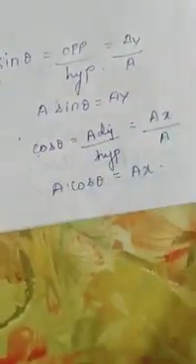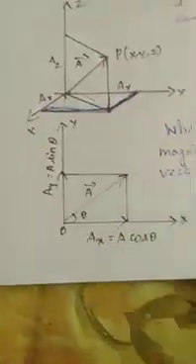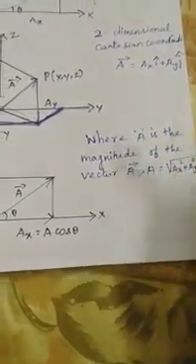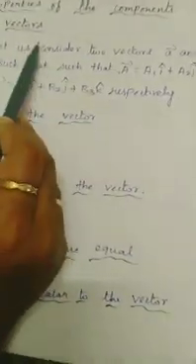So a cos theta is equal to ax. Clear? Now a is the magnitude of the vector a. So then we will get a is equal to square root of ax square plus ay square for the two-dimension Cartesian.